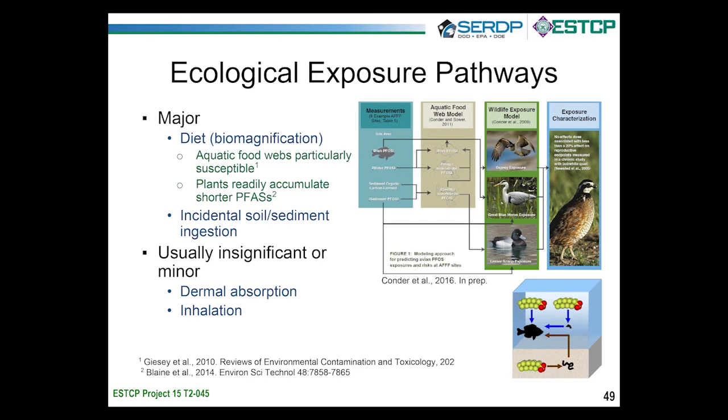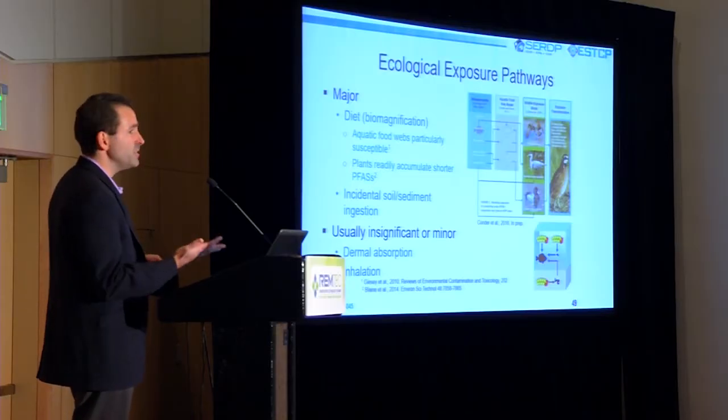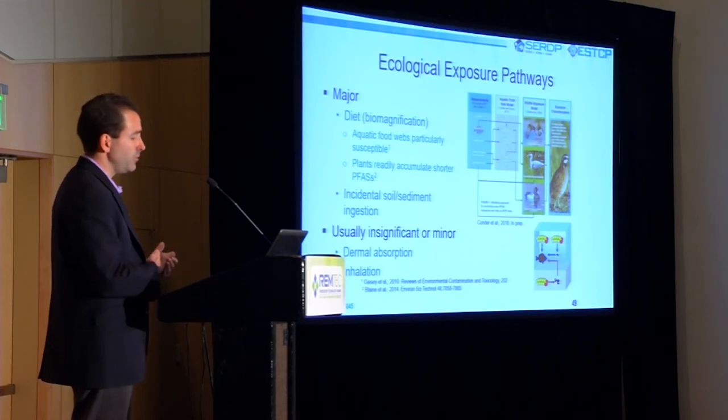It may be important for fish-eating birds and fish that are exposed to these compounds. Again, in a terrestrial exposure scenario, plants may be a very important route of exposure for plant-eating mammals and other wildlife. Incidental soil and sediment ingestion is also an issue, as it is for humans.